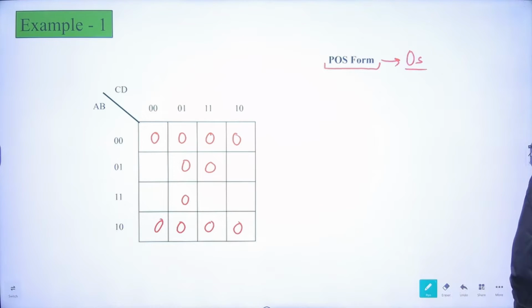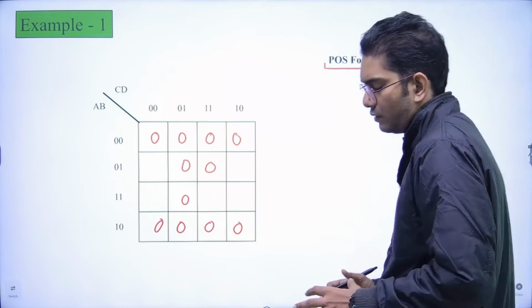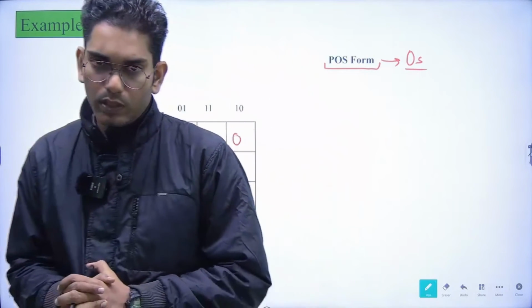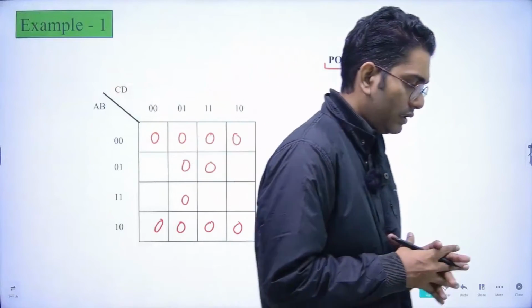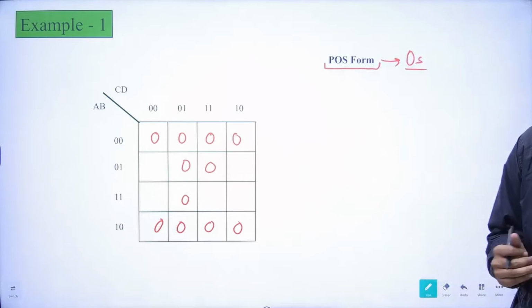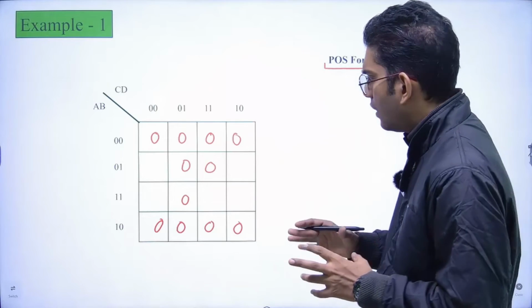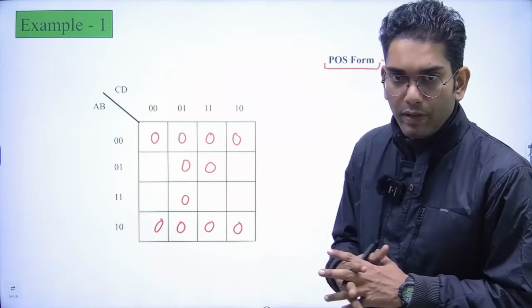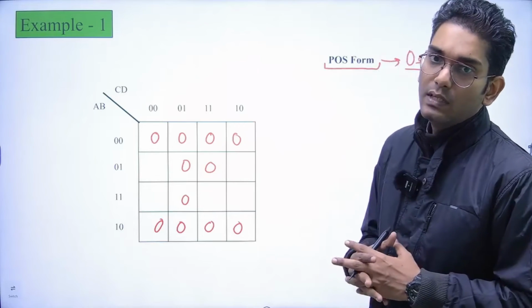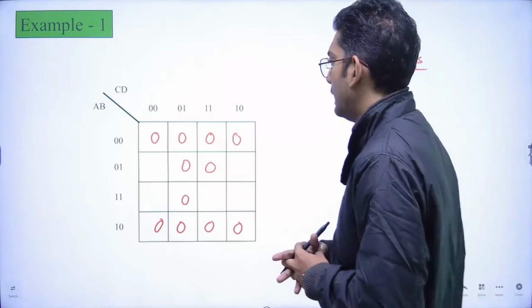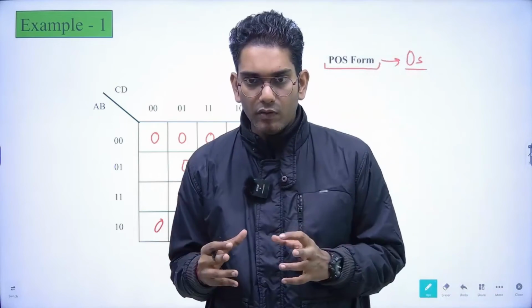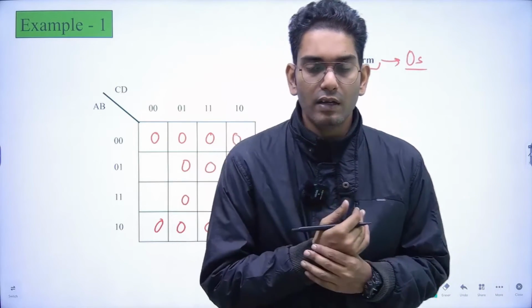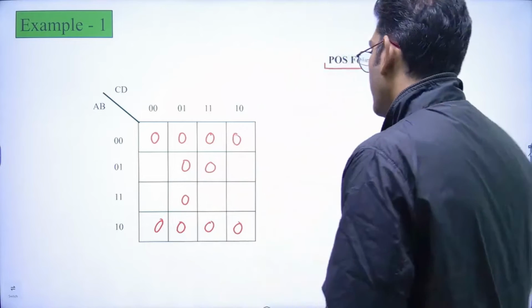If you observe, what you basically have to do in the K-map is make groups. You have to try to make the bigger groups as much as possible, and the minimum number of groups, fine.